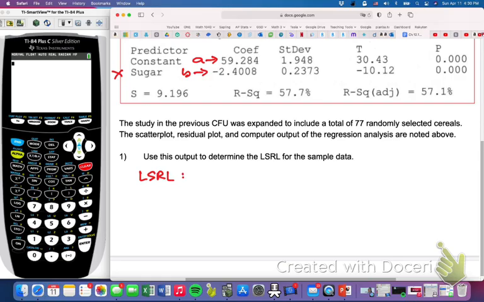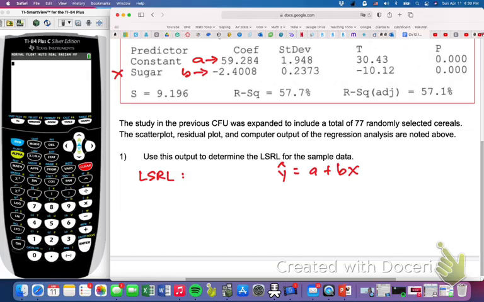So the least square regression line. Now, typically we write y hat, right? Y with the inverted, like a caret thing. Y hat is also known as predicted y value. Now, it's equal to a plus bx, right?